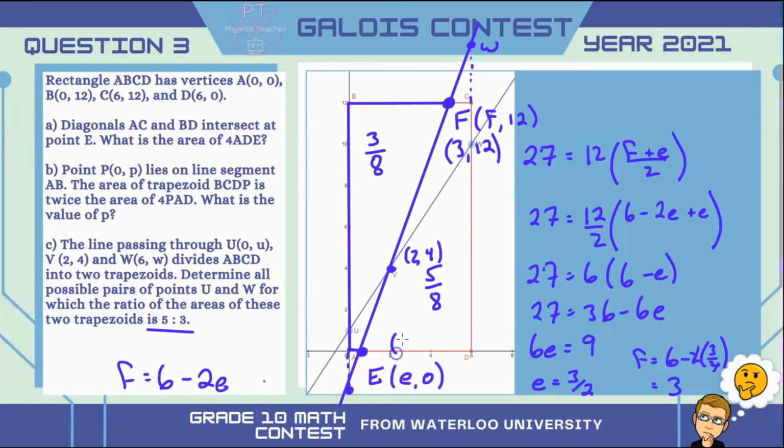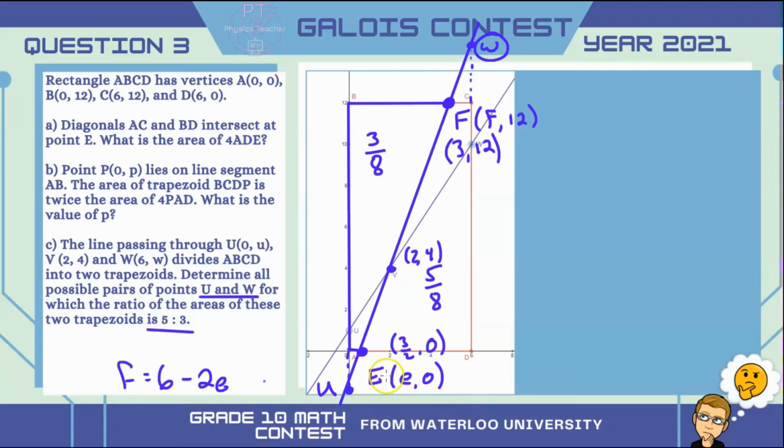Alright, so now that I know what these coordinates are, where f is going to be (3, 12), and e is going to be (3/2, 0), we still need to go back and figure out what the coordinates of u and w are, as that is what the question is asking us, not what e and f are. So first, let's use the actual coordinates e and f to figure out the value of the slope.